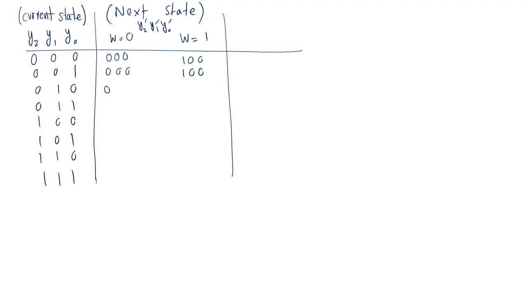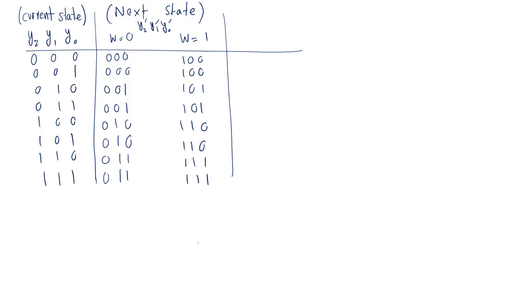And then on the other side, if I get a 1, I'm going to get 1, 0, 1, and so on for the remaining rows.